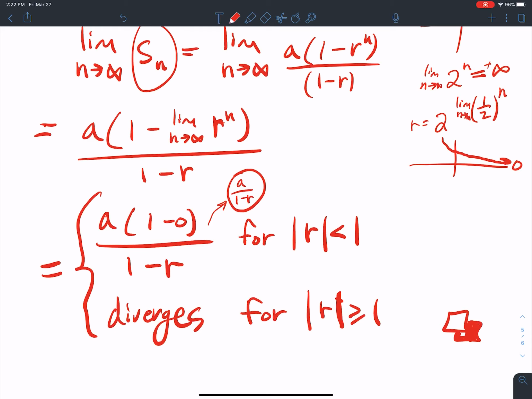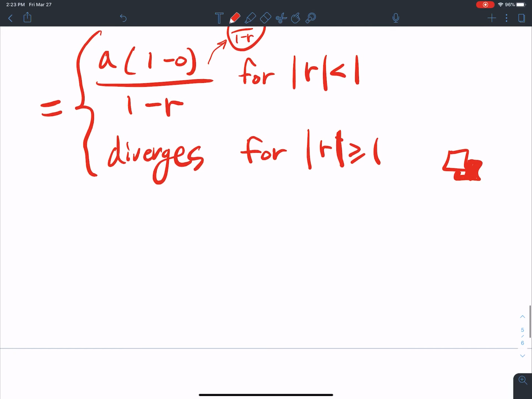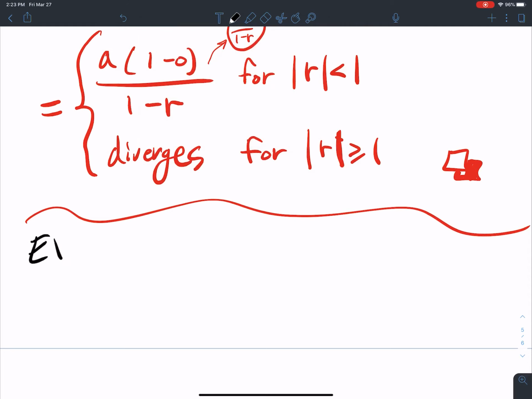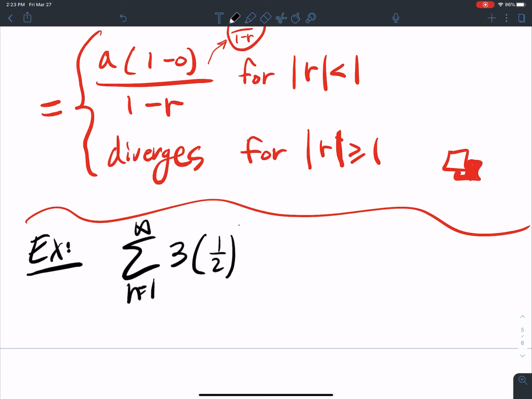All right, so let's work through some geometric problems. See if we can't knock some of these out. Here's an example: the series from n equals 1 to infinity of 3 times (1/2)^(n-1).